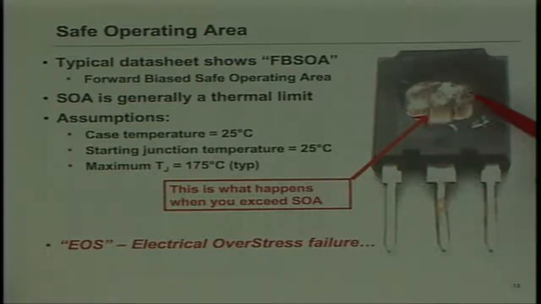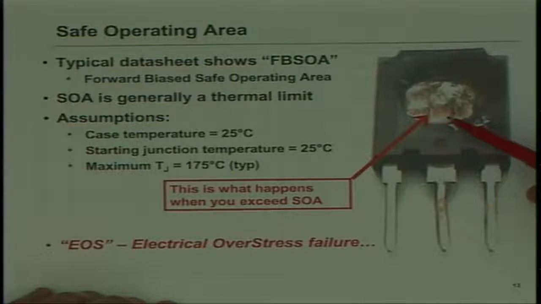So what causes this? Why do FETs blow up? Well, it's really one thing. It's excessive junction temperature, right? From whatever cause. It can be either that excessive current exceeded the conductivity limit, and you dissipated too much power and it got too hot.